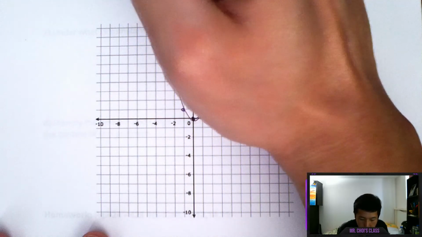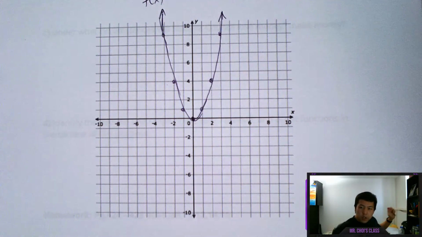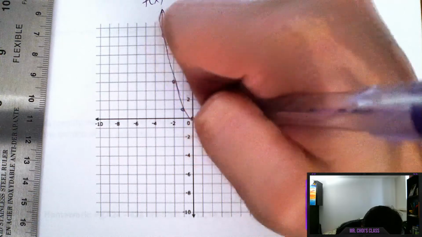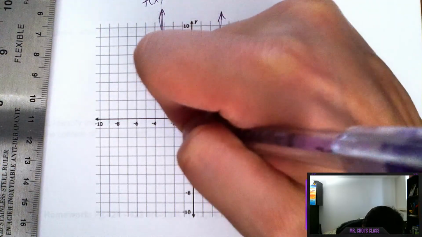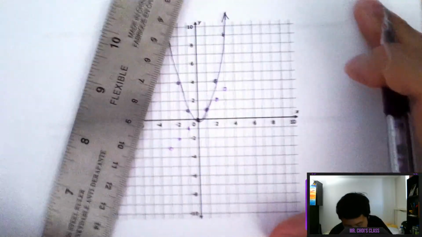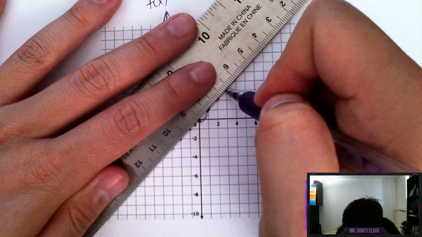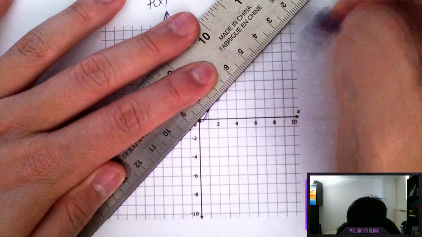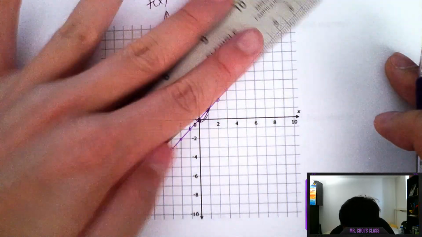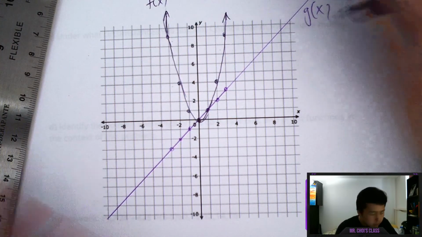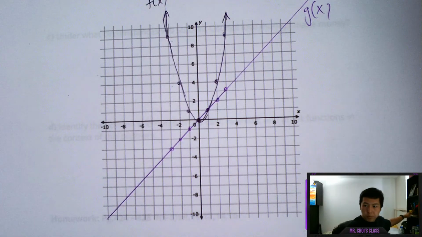Then let's do g of x. g of x is a straight line, y equals x. So that's pretty straightforward, like such. Oh, that should have been angled a little more downwards, but it's okay. That's g of x.